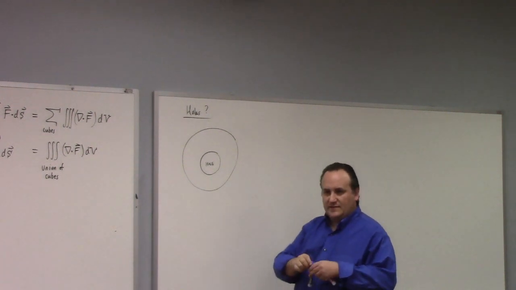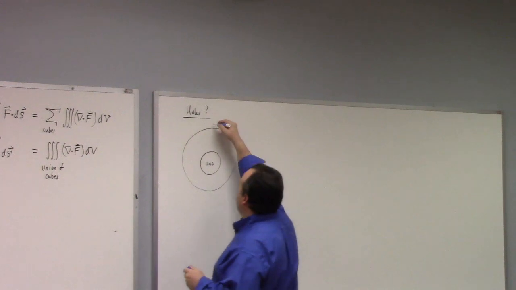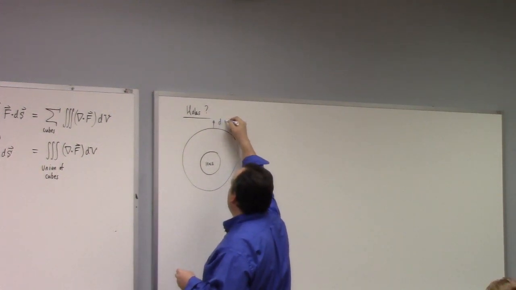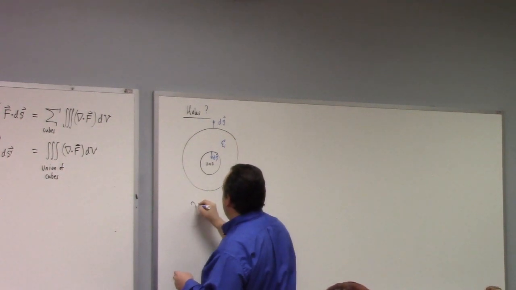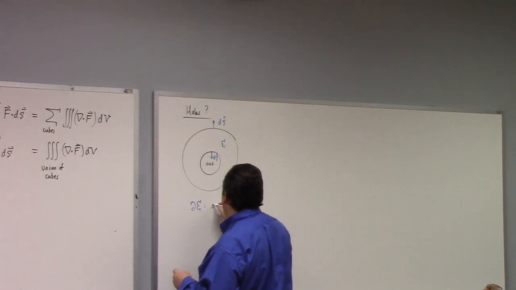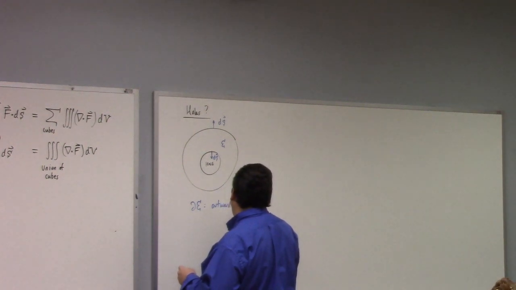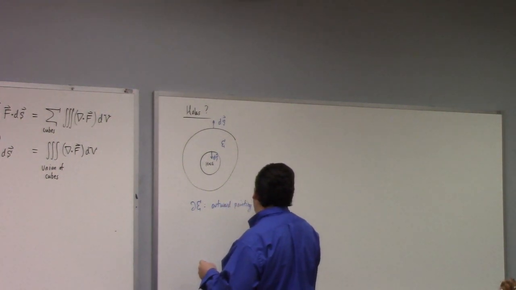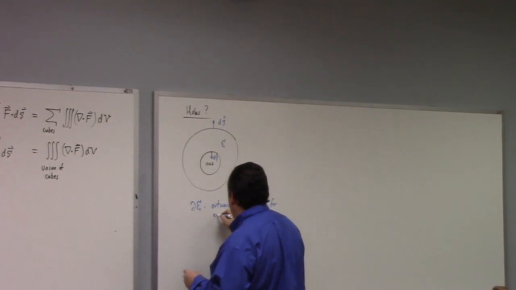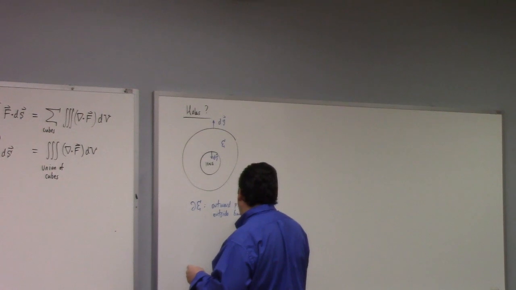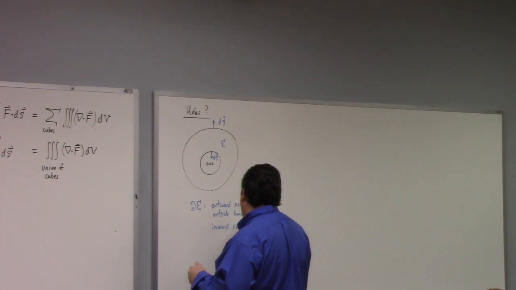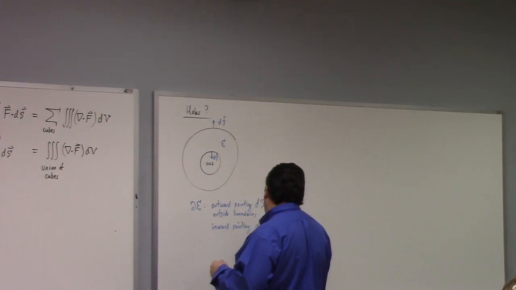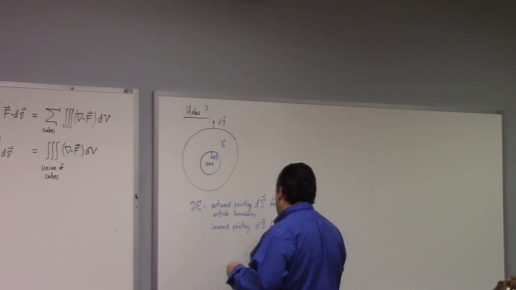So I'll draw it two-dimensionally because it's easier for me to draw for a second. The definition for this would be something like we have dS like that, but then for an interior surface we define dS to be like that. So if this is E, the boundary of E has outward pointing dS for outside boundaries, and it has inward pointing dS for inward boundaries.